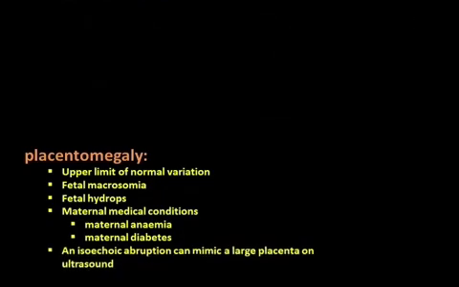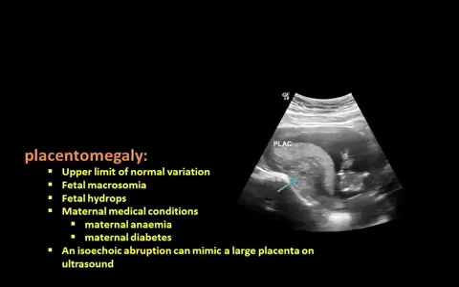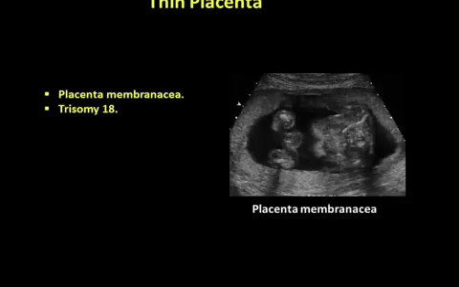Anechoic abruption can mimic a large placenta on ultrasound. An abnormally decreased placental thickness can be seen with placenta membranacea and chromosomal anomalies like trisomy 18.